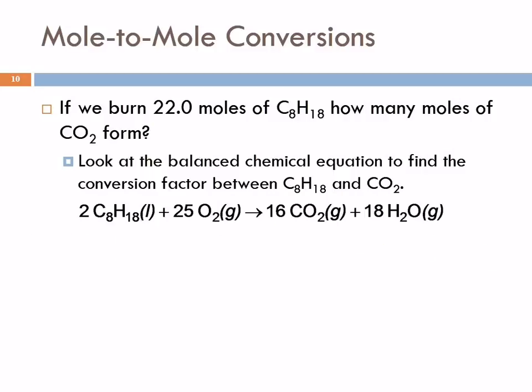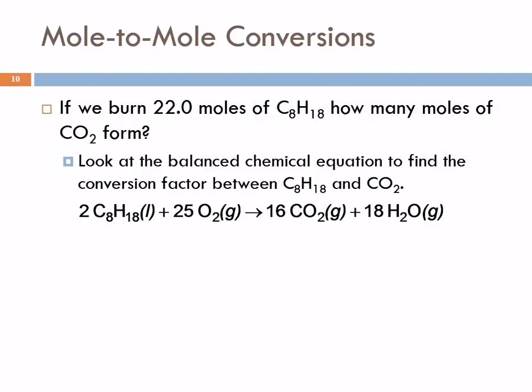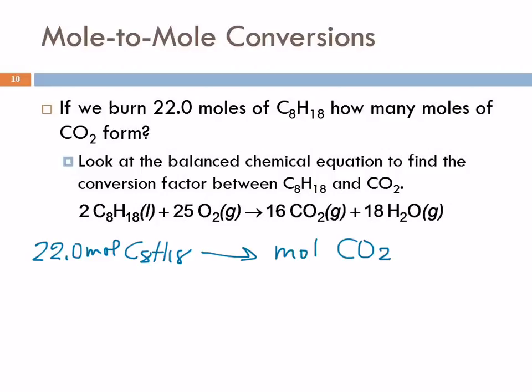So if we looked at the path, we're starting with 22 moles of C8H18, and we're trying to figure out how many moles of CO2. You can go from this to that in 1 step.